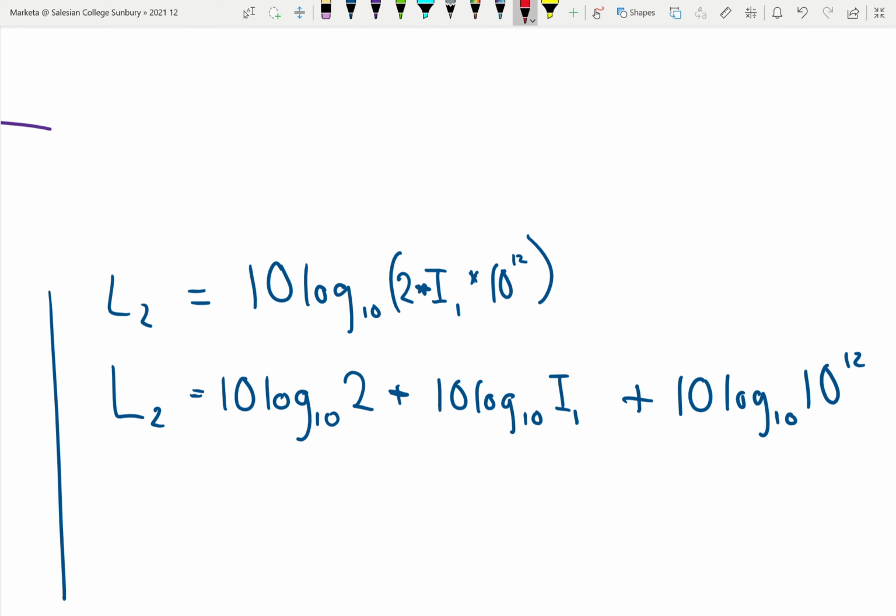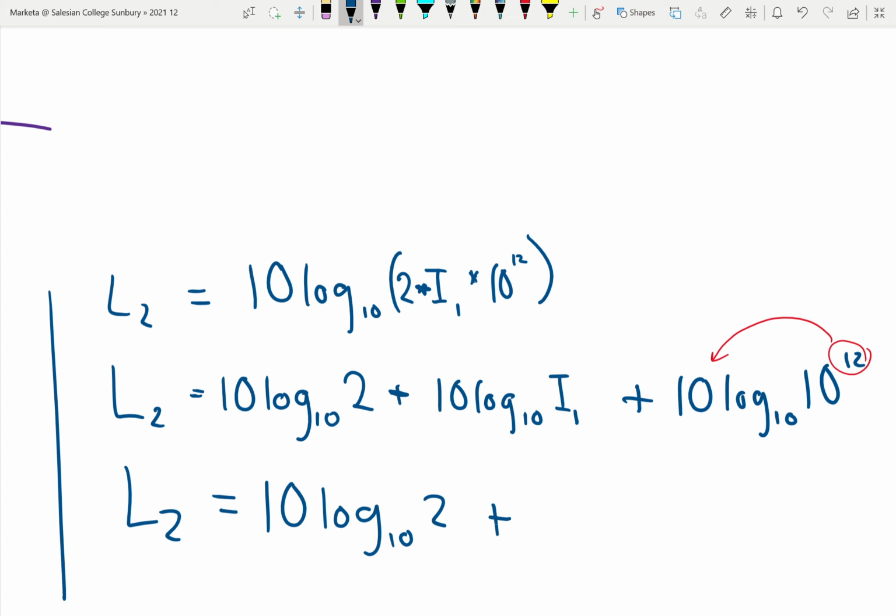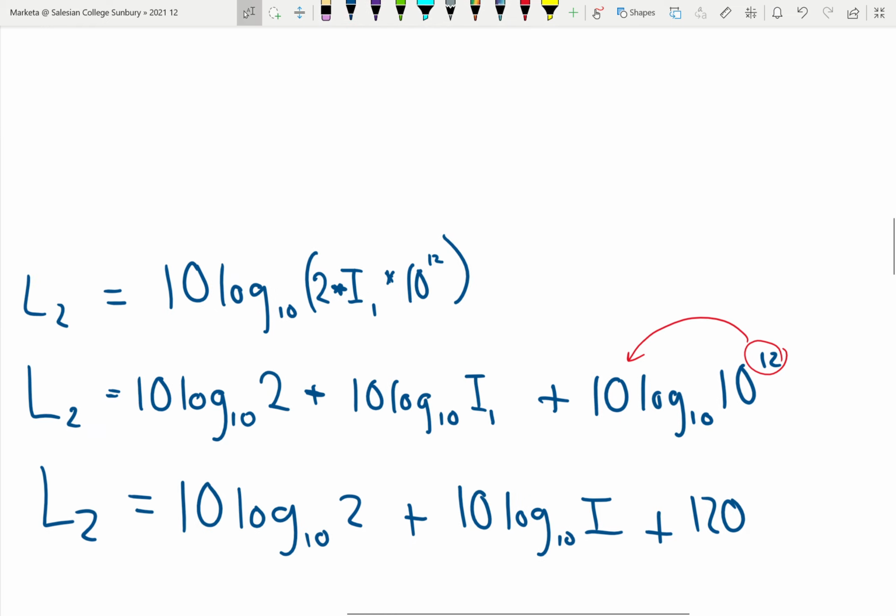So let's take this out of the power again like we did before. We've got L2 equals 10 log 10 of 2 plus 10 log 10 of I1 plus 120 log 10 of 10, which is just 1. So for the same reason we did before, we get 120 there.